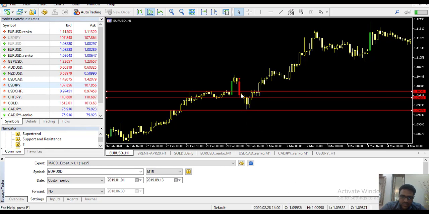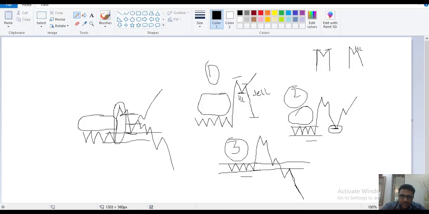What type of situation is this? This is precisely our second part. This was the range. Although we took it at this level, let's consider this one. There was a range here, right? The candle went a little bit down.